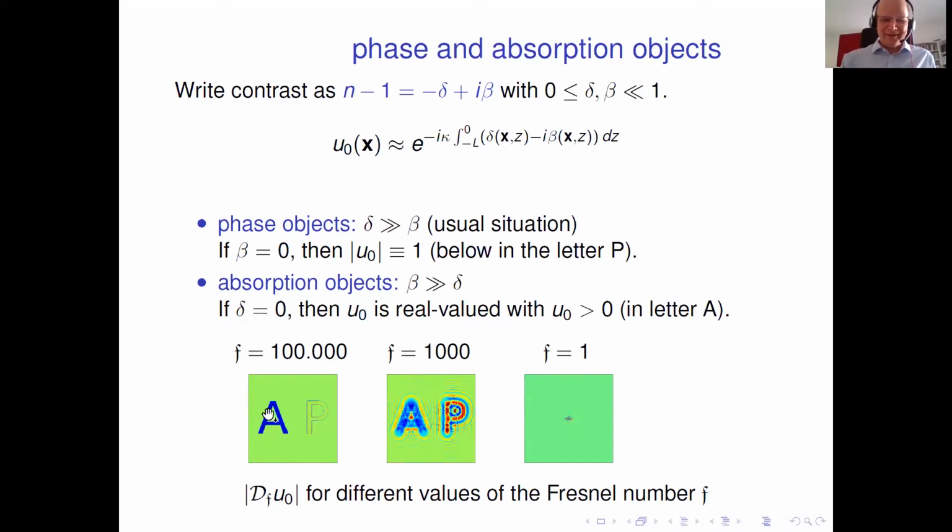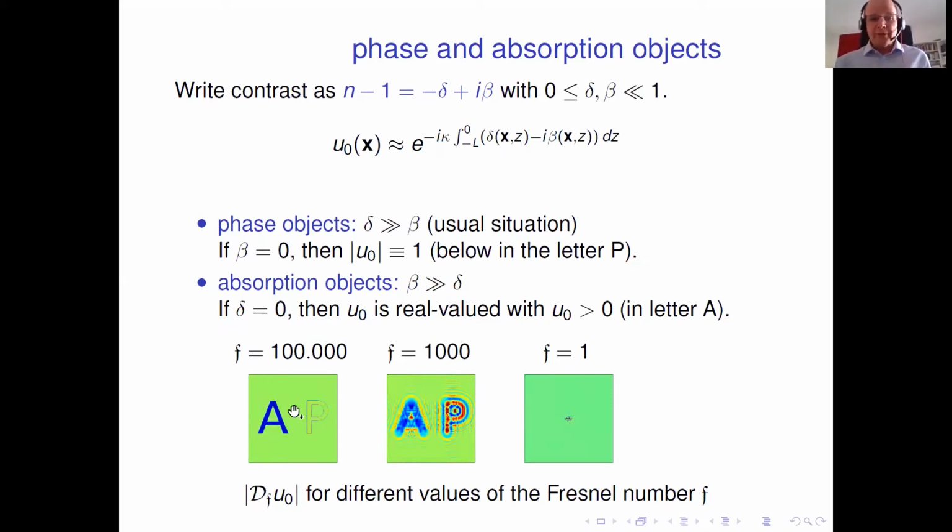So here the imaginary part is non-zero in this letter A region, and in this letter P region the real part is non-zero, but the imaginary part is zero. And so then, if delta is zero, we are exactly at the exit wave, the Fresnel number is infinity, and we can just see the absorption object.